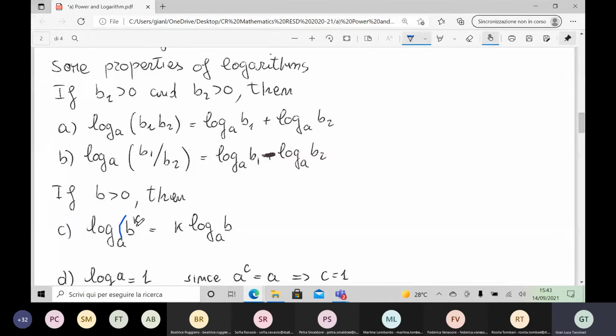If you have trouble understanding, I put a parenthesis here. So the logarithm with basis A of B to the power K can be written as K times the logarithm with basis A of B. The exponent of the argument can be written as a multiplicative term in front of the logarithm. This property is also very important.